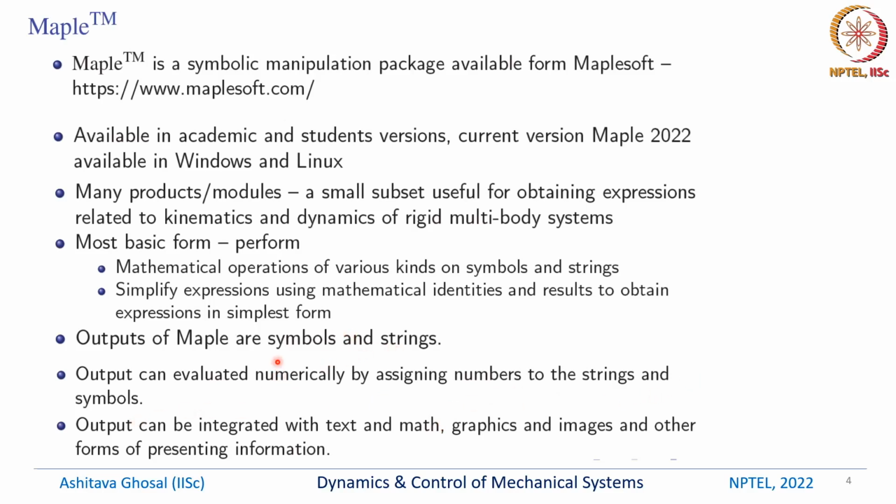So if you have an output which says cos of theta, and if you give the value of theta as some angle, it will evaluate cos theta and give you a number. The output can also be integrated with text and math, graphics and images, and other forms of presenting information. It can give you plots of some variable as a function of time and so on.